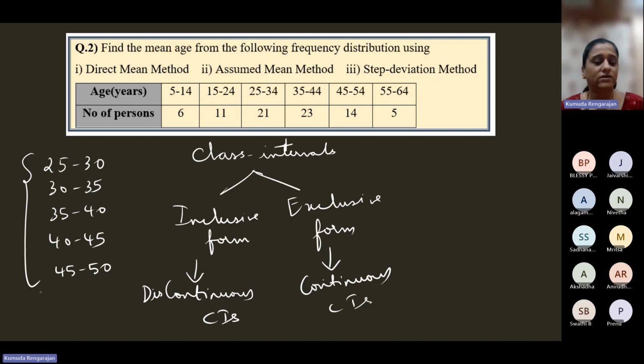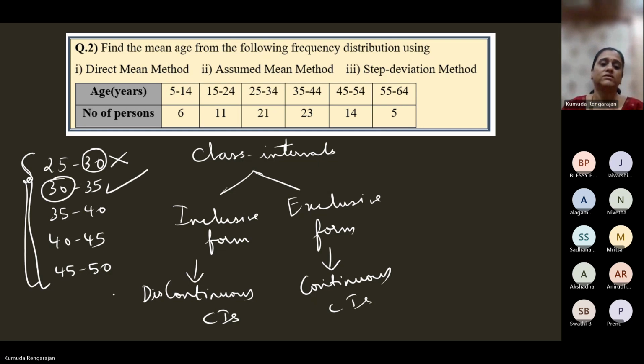But when you look at these set of class intervals, the upper limit 30 is not included here. It is included in the lower limit of the next class interval. If you have to put a tally mark for 30, you will not put it here. You will put it here.